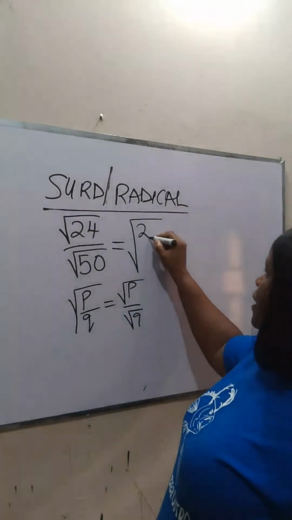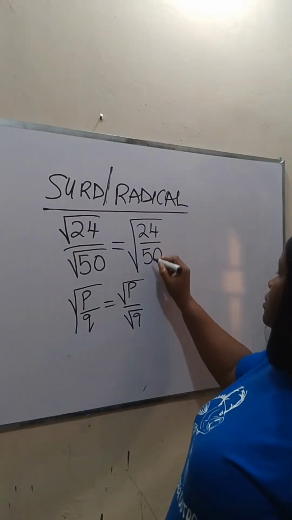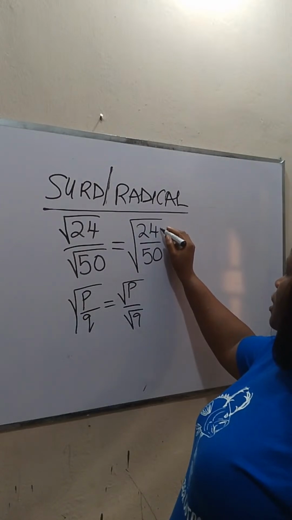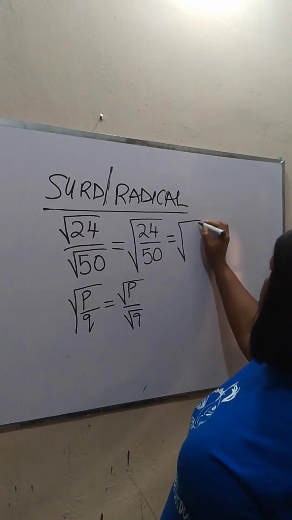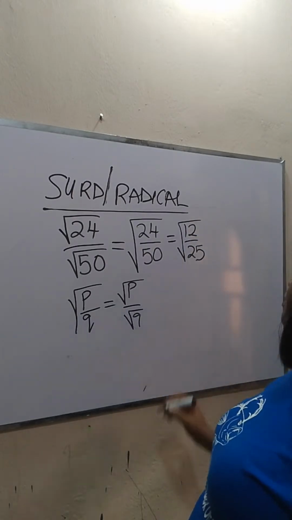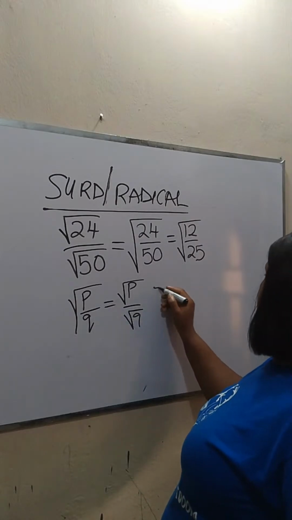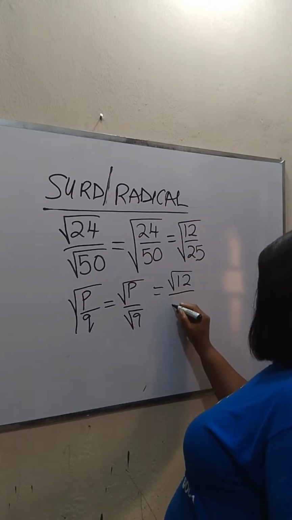We have 24 over 50. 2 can divide here, so we have 12 over 25. That is root 12 all over root 25.